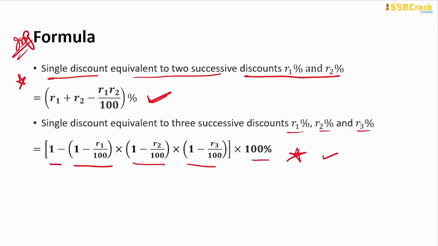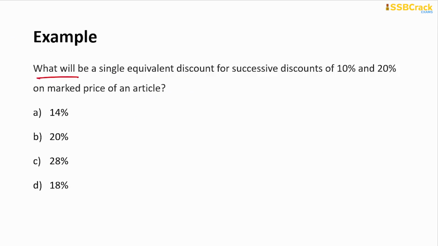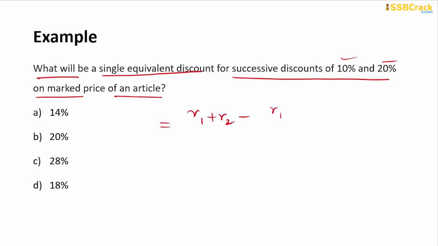Let's check an example then. What will be a single equivalent discount for successive discounts of 10% and 20% on the mark price of an article? So here we have how many discounts? 2 discounts to make it into a single equivalent discount. So we have to use the first formula of R1 plus R2 minus R1 R2 upon 100, isn't it?